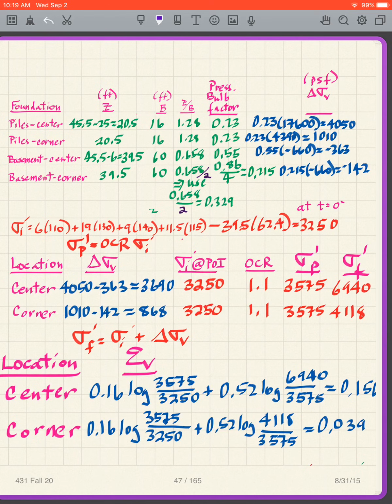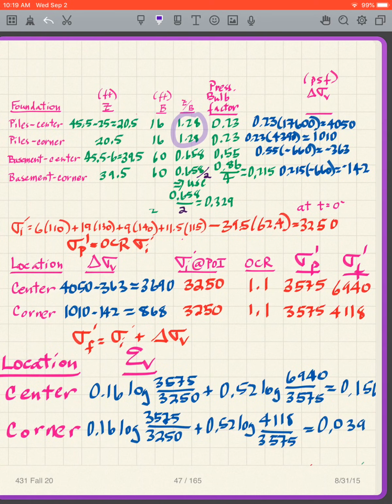But when we do the basement, because the basement is the whole building, to do the corner we do our little trick: our Z over B, we divide it by 2. And then when we get our pressure bulb factor below the center on the pressure bulb chart, we divide it by 4.